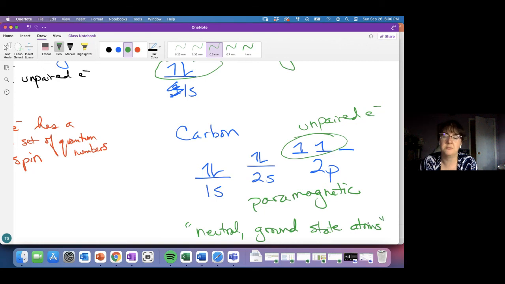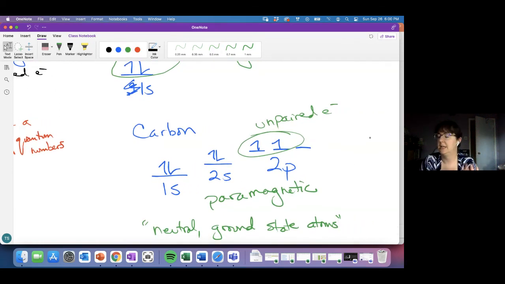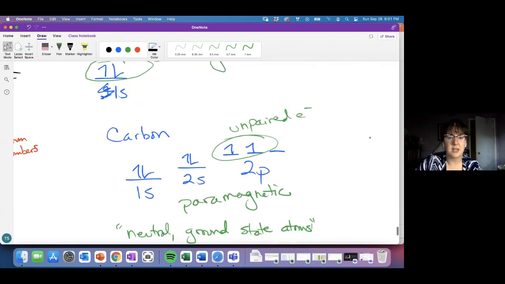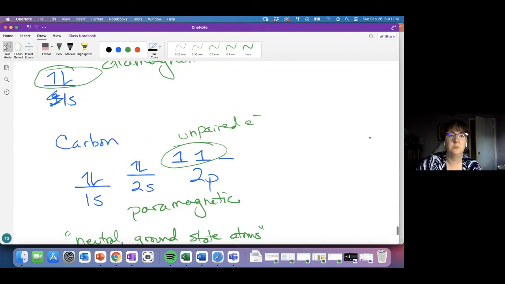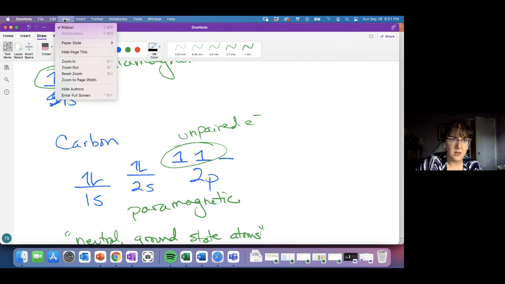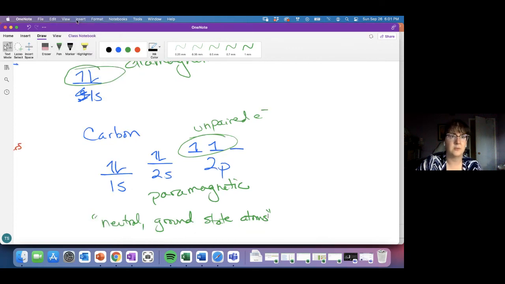So that would be part of the question, because you would just be looking at the periodic table, going from left to right and looking at where your electrons go and if you have things that are paired or unpaired as you go along. The other option is that we would draw them out for you. And so that's another option where we could draw you out a couple of different options and then ask you which of the following are diamagnetic or paramagnetic. Usually diamagnetic and paramagnetic are terms that you just have to remember that we talked about.